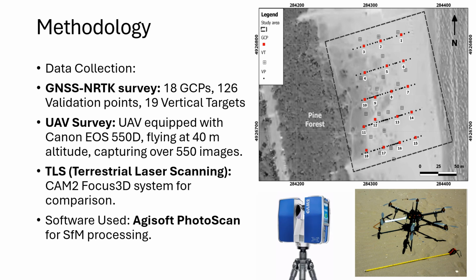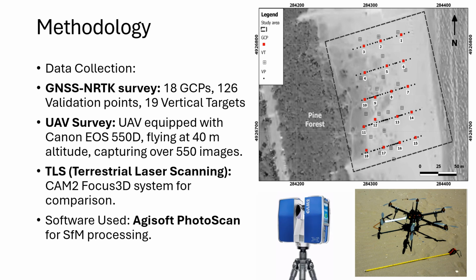Another one is UAV survey, which used an exacopter equipped with a Canon EOS camera and flew at low altitude, capturing over 550 images of the dune system. And terrestrial laser scanning was also used to validate the accuracy of the UAV survey.